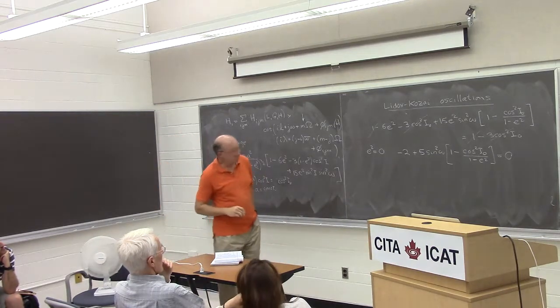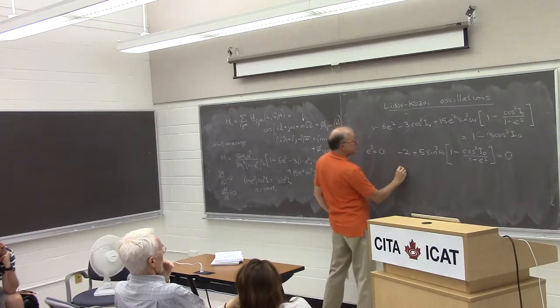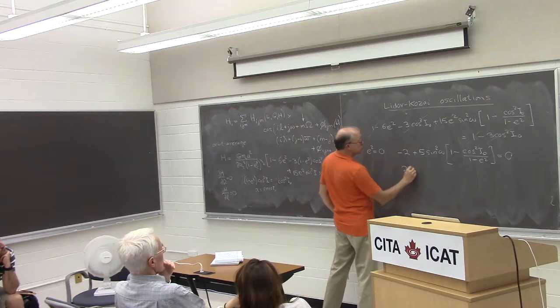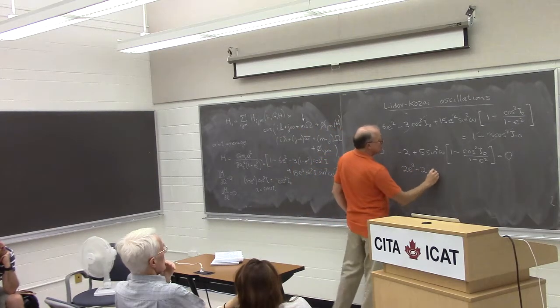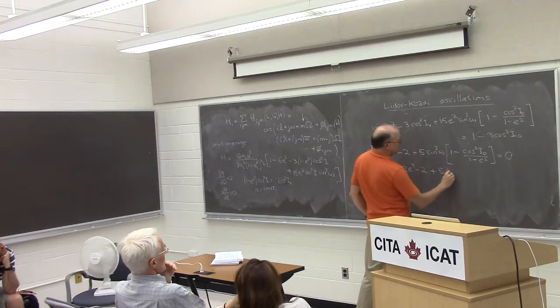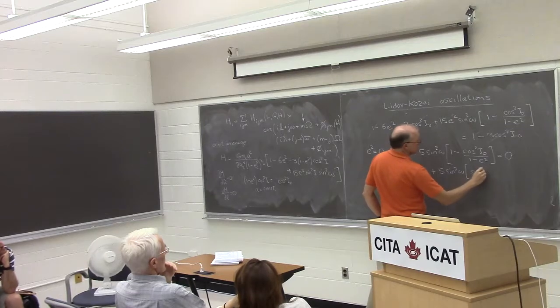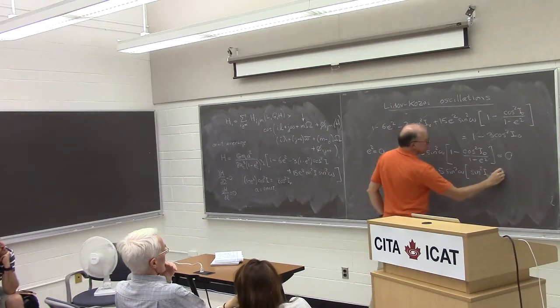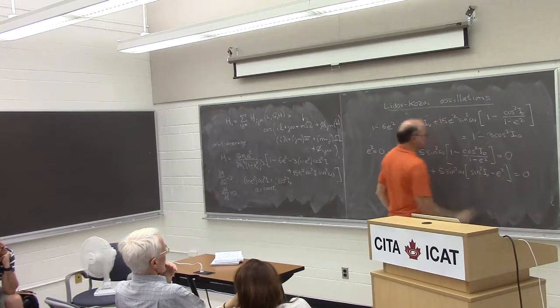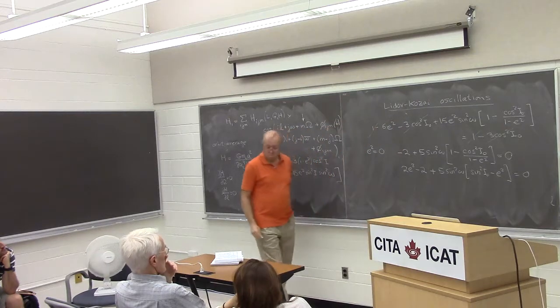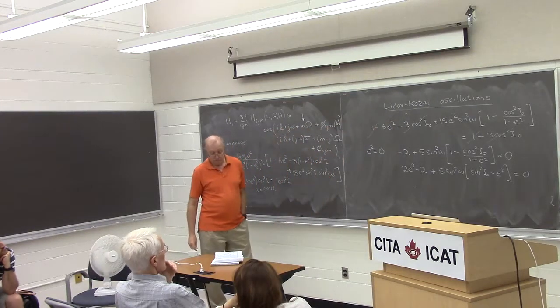Okay, I can rewrite this, multiplying through, as 2e² − 2 + 5 sin² ω sin² I0 − e².